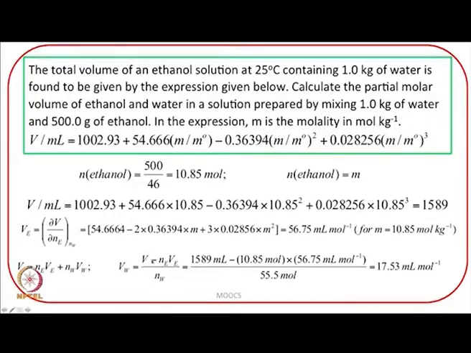Now we substitute for V we just calculated 1589 minus 10.85, the number of moles of ethanol we have calculated, and the partial molar volume of ethanol, we calculated as 56.75 milliliter per mole. So, on solving this, what we have is the partial molar volume of water to be 17.53.